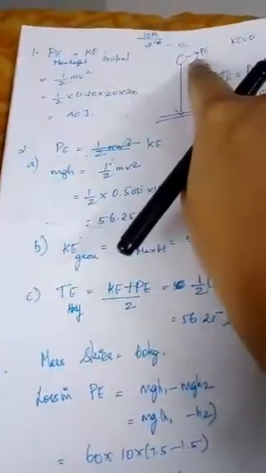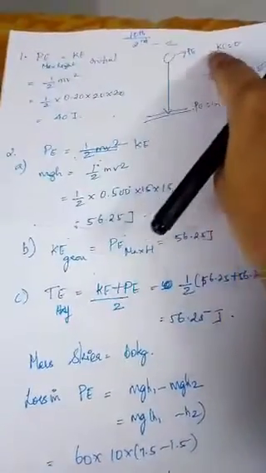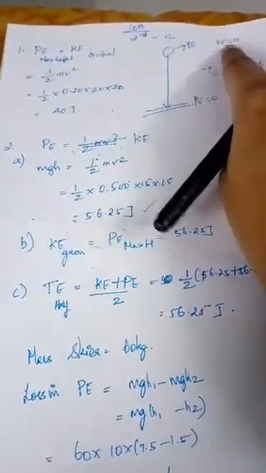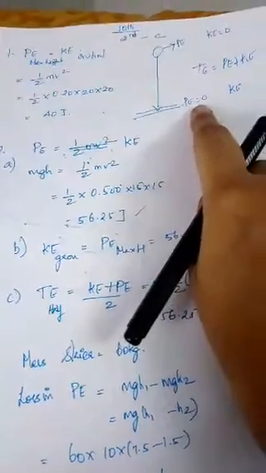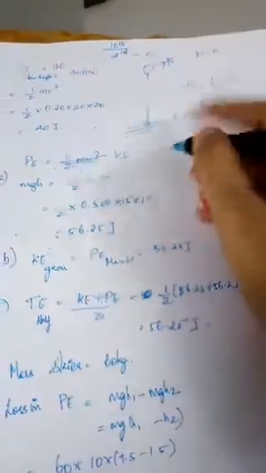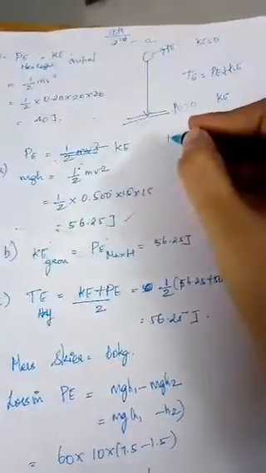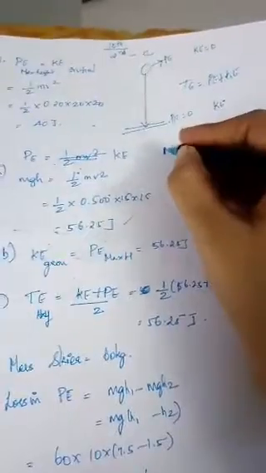Remember, the potential energy at the starting point and the kinetic energy at the ending point will be the same. Whereas the kinetic energy at the starting point is 0, and potential energy at the ending point will be 0. Don't forget it. Okay, so if this is your starting point, that is you're just dropping an object down at maximum height.